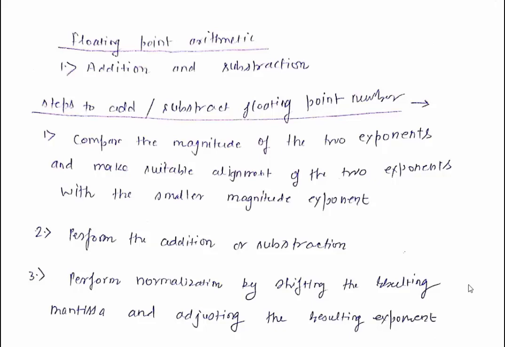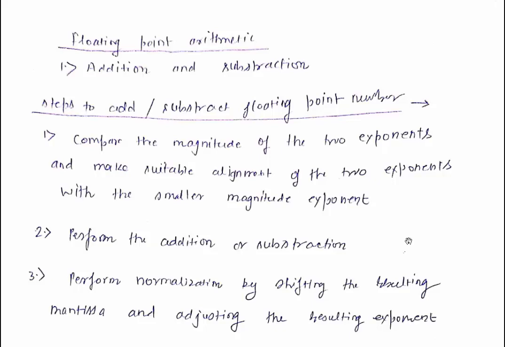These are the three steps which you have to follow for addition or subtraction using floating point numbers. If you have to add two floating point numbers, let's say 0.5 into 10 raised to power 3 and 1.5454 into 10 raised to power 5, first you have to compare the magnitude of the two exponents.